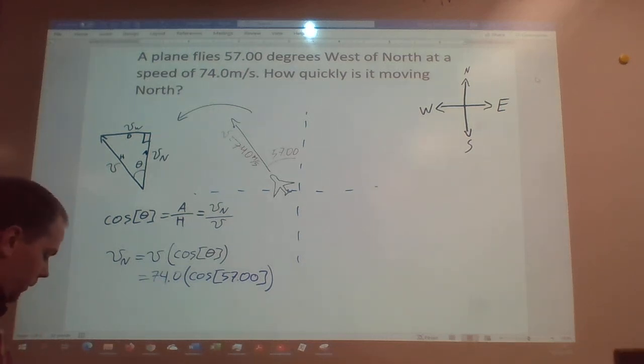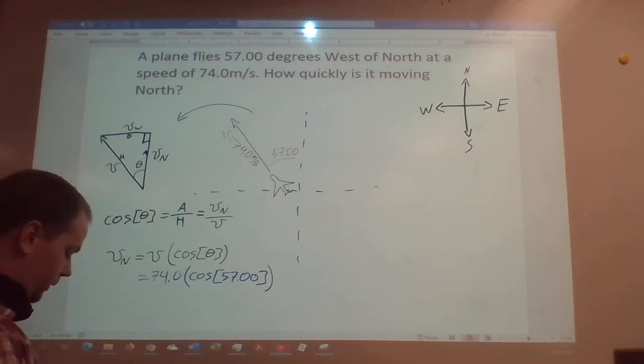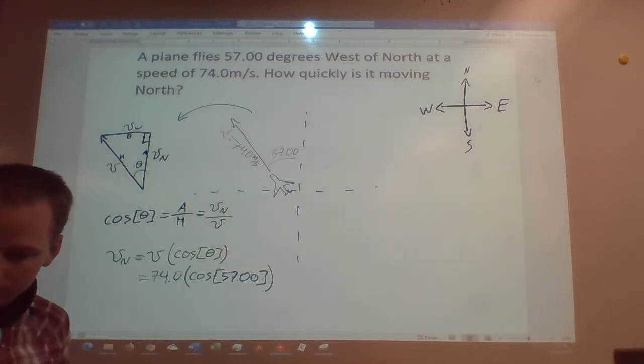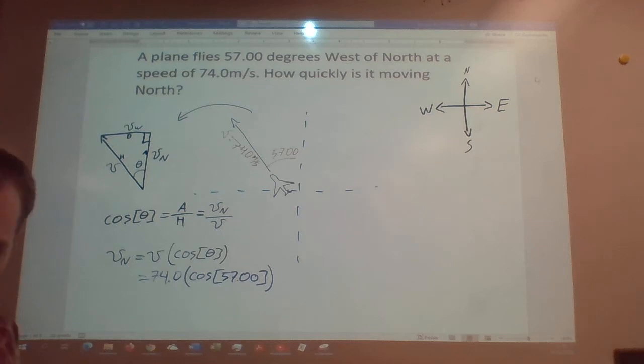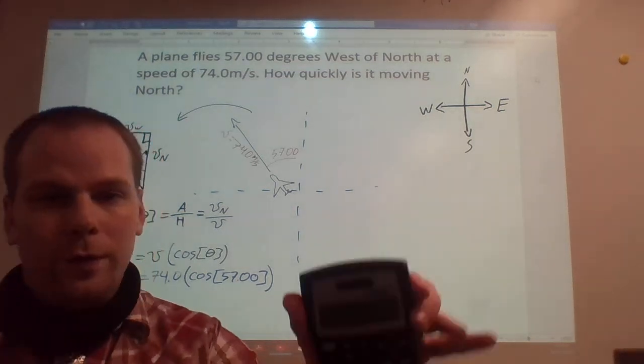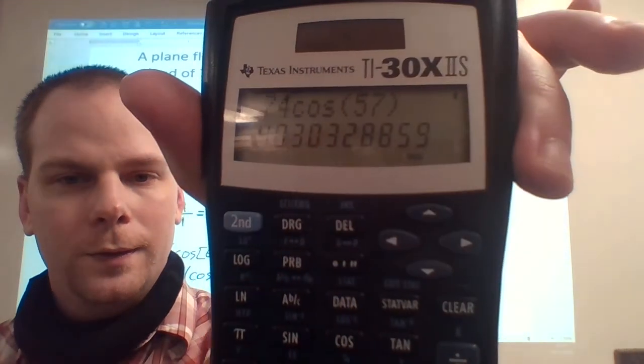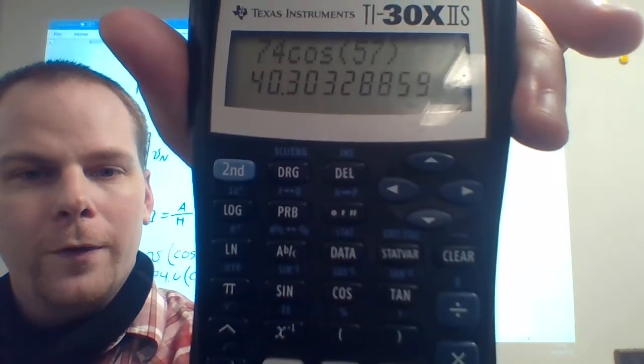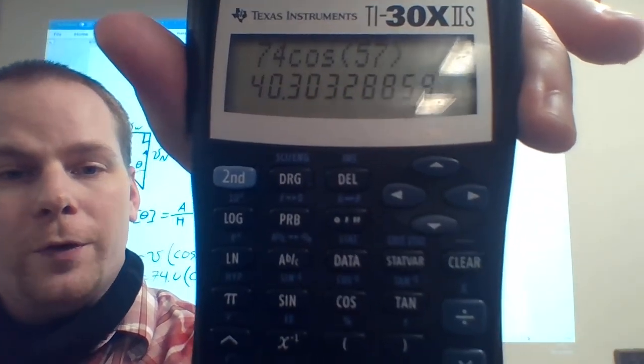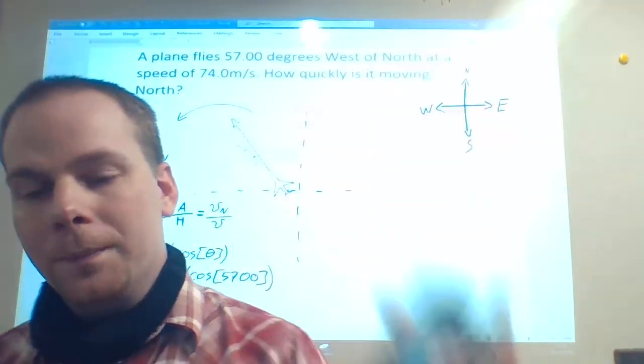And if we plug that into our calculator, 74 times cosine 57.00 equals, that comes out to 40.3035, and so on.